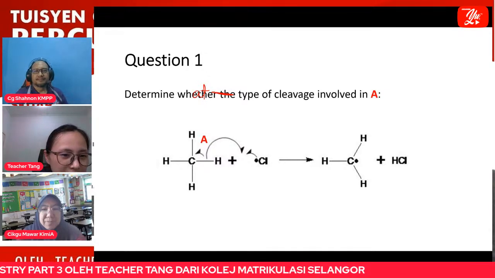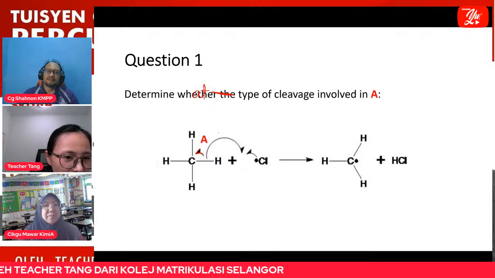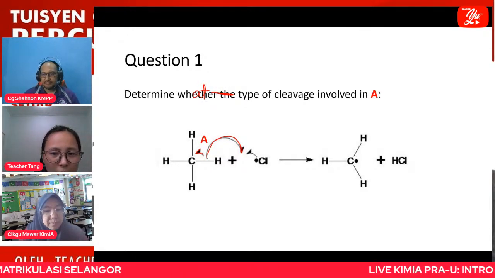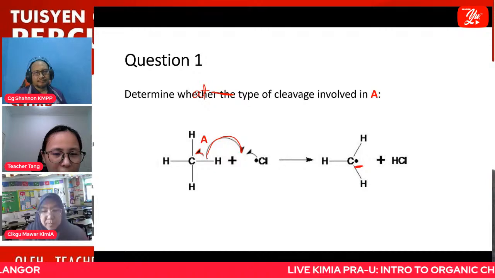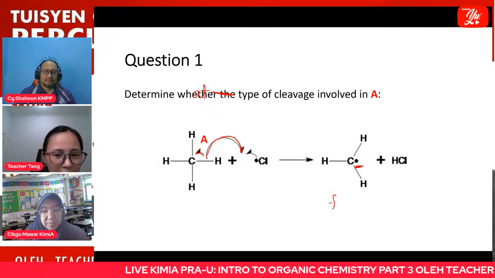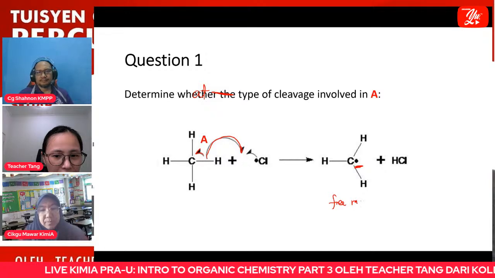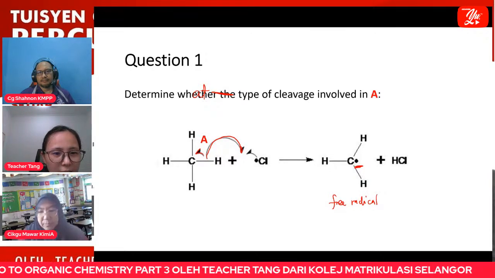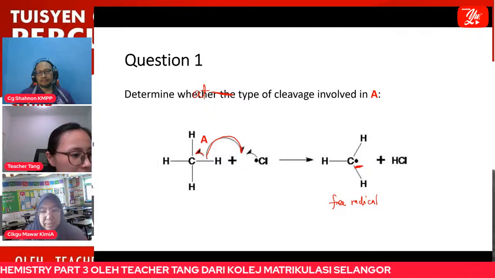This is a half-headed arrow, right? And you can also look at the product. The product with an unpaired electron is called a free radical. So which type of cleavage will give us a free radical?